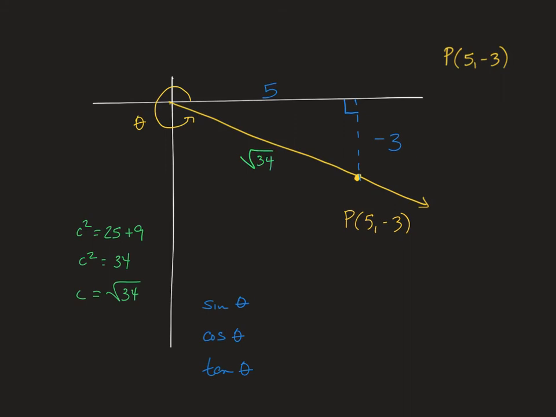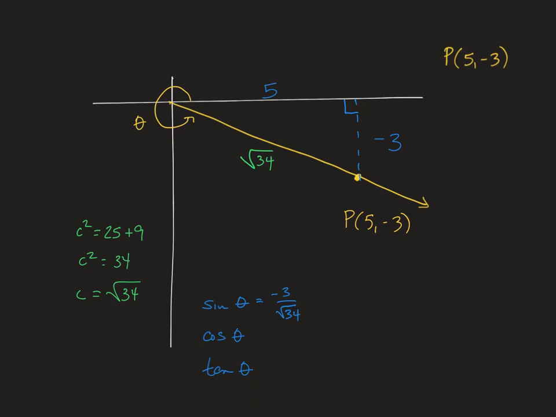Now that I have all three sides of that right triangle, I have the ability to find the value of all three trig ratios. So the sine of theta is going to be opposite over hypotenuse. There you go. The exact value of your sine ratio for theta.